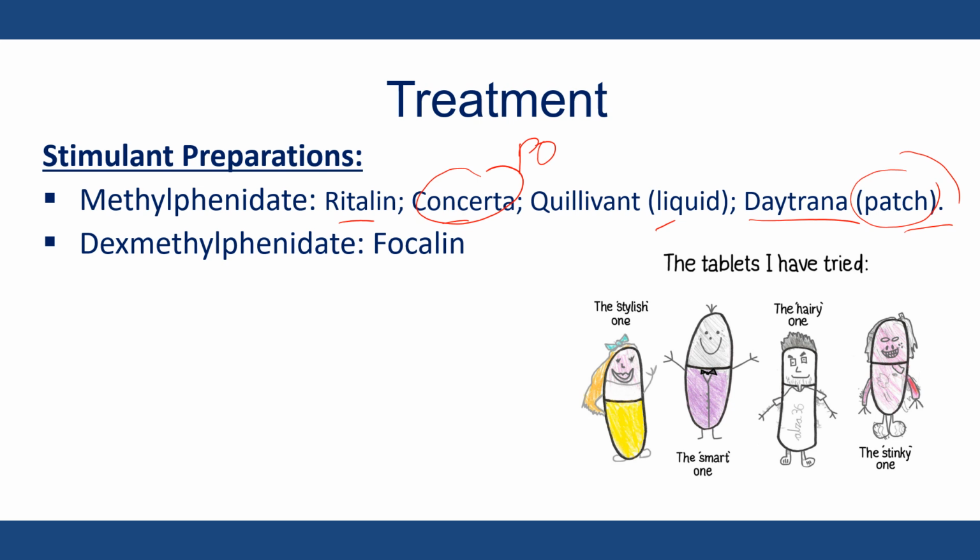Okay, so under stimulant, the second part is dexmethylphenidate, Focalin. I'm sure you have heard this name. One is not necessarily superior than the other, to be honest with you. You have a lot of options, and it requires a lot of conversation with the child and with the caregiver to really select either short-acting medication or long-acting.